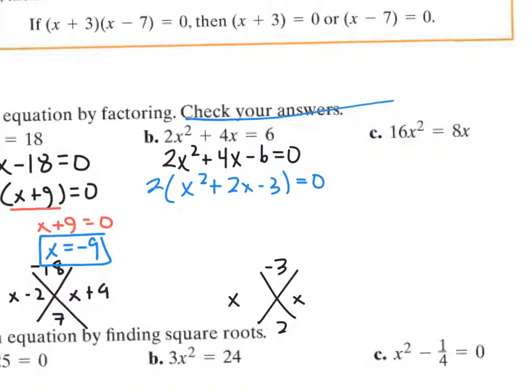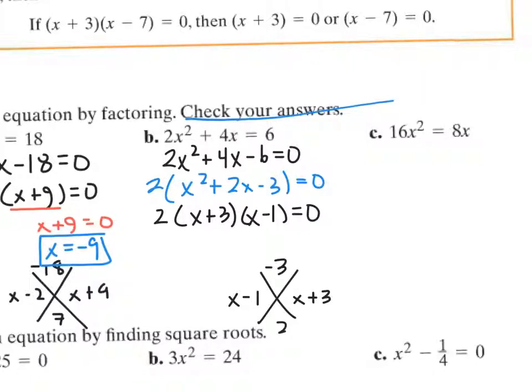So I have to think of factors of negative 3 that add up to positive 2. So the only factors of 3 are positive 3 and negative 1. That would work. So I'm going to have 2 times x plus 3, x minus 1 equals 0.